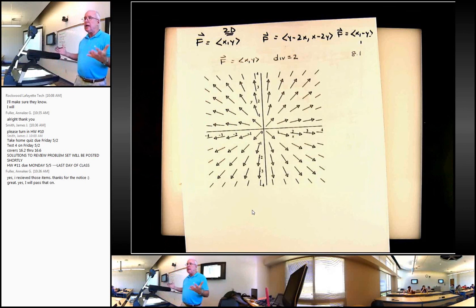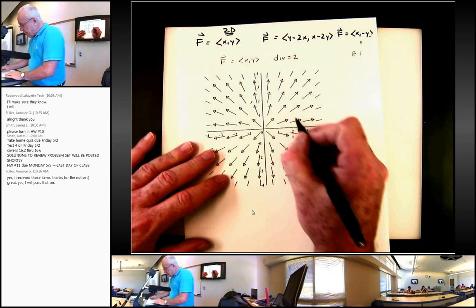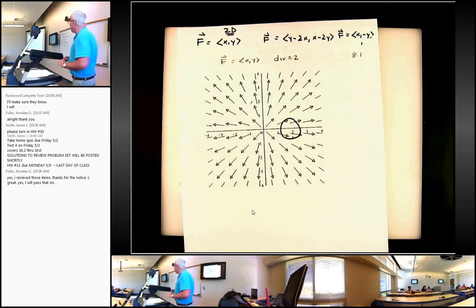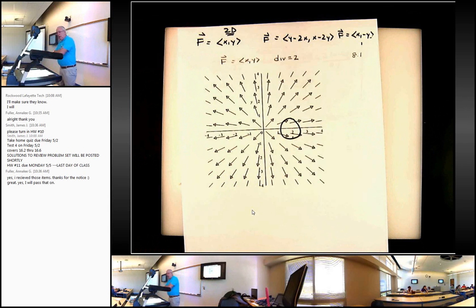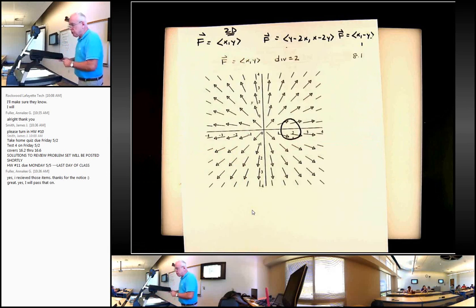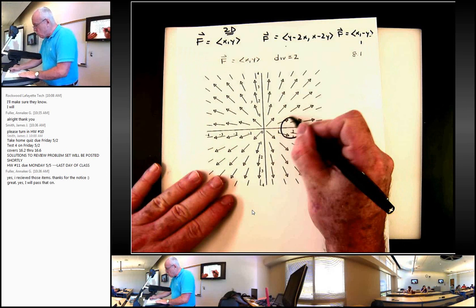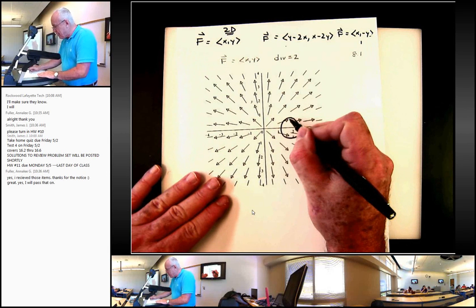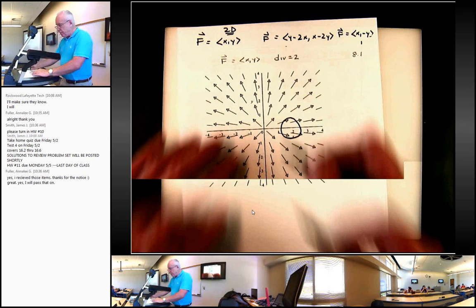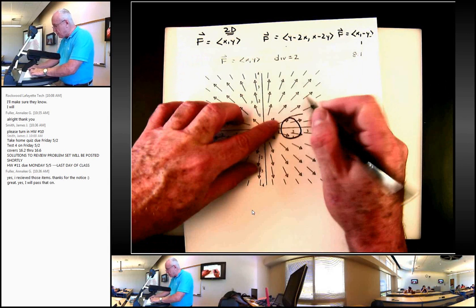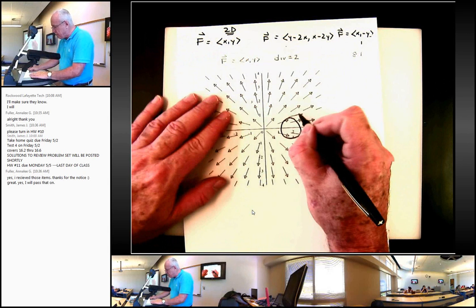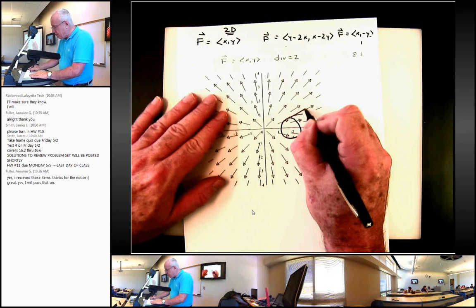So if we draw some kind of circle around any point, and of course if we had more arrows it would show it better, we would see that there's more coming out than there is coming in. Basically, we've got this whole area where it's coming out, and where it has bigger x and y values, there are bigger values coming out.